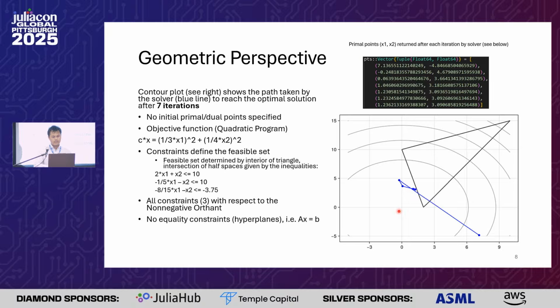Obviously, the minimum of this quadratic function is at 0, 0. And these lines here are the half spaces that define the constraints that need to be satisfied. We see that it starts off in some infeasible region, but as we minimize those residuals, we get closer and closer to something that's feasible and optimal. And that's what we expect here.